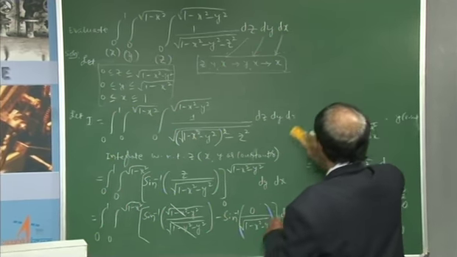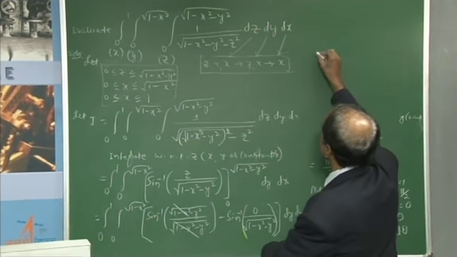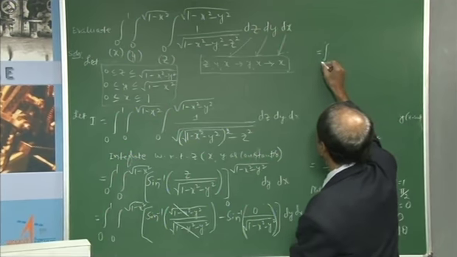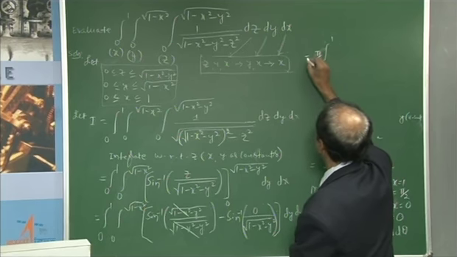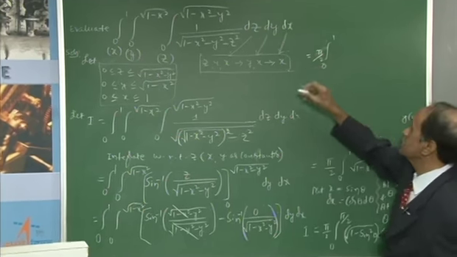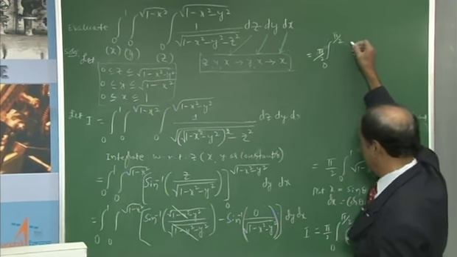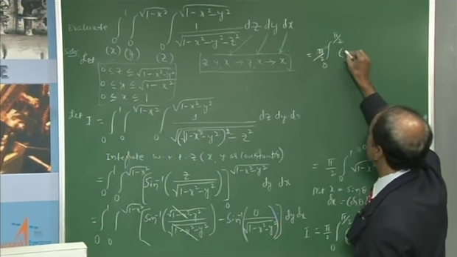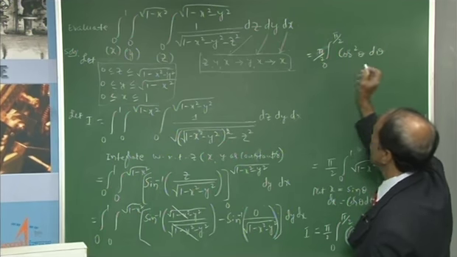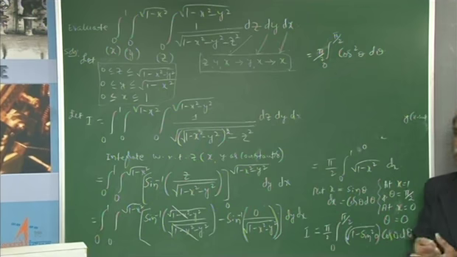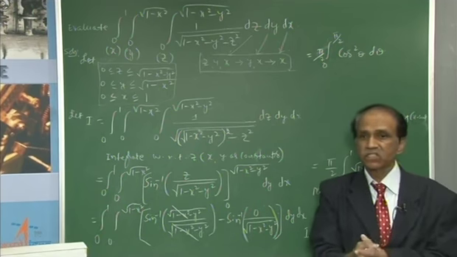Then under the integration, pi by 2 outside as it is, 0 to pi by 2, that becomes cos square theta d theta. Then you have to integrate the last term, cos square theta.